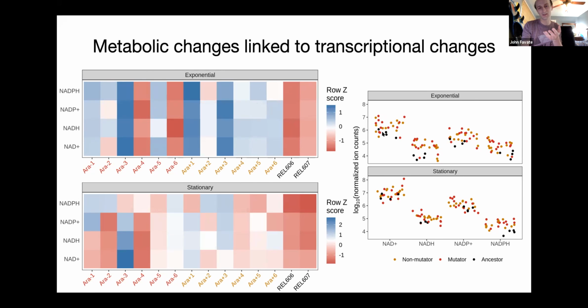And you can see the actual values coming out of the mass spec data, or at least the normalized ion counts on a log10 transform in this graph. The black points are again the ancestors, and you can see they're generally occupying the lower regions of the graph. So it very much seems like there is probably more NAD in the evolved lines.